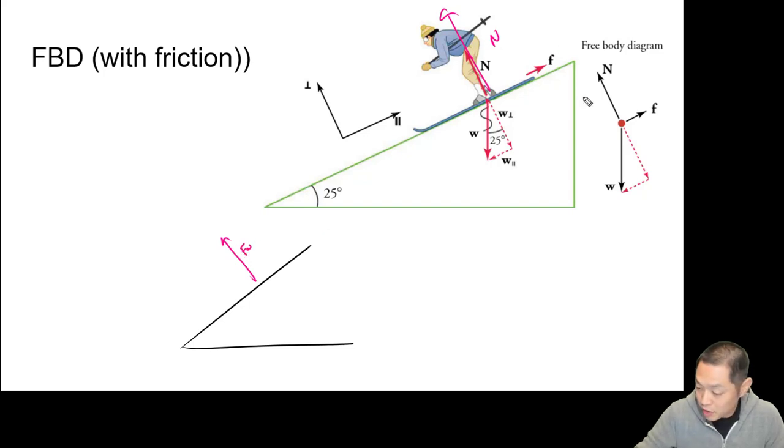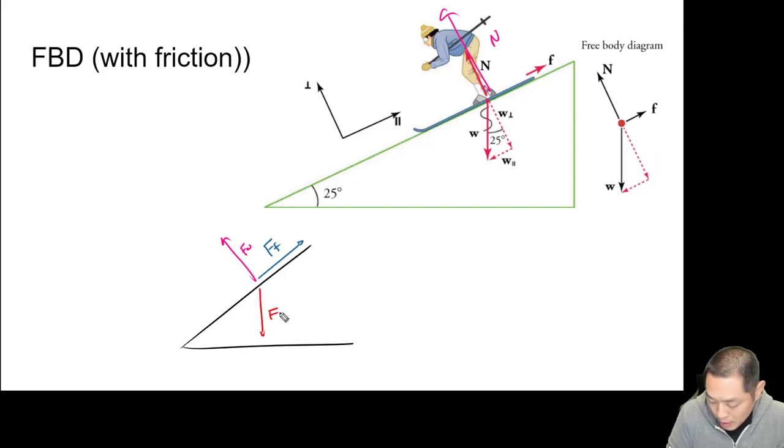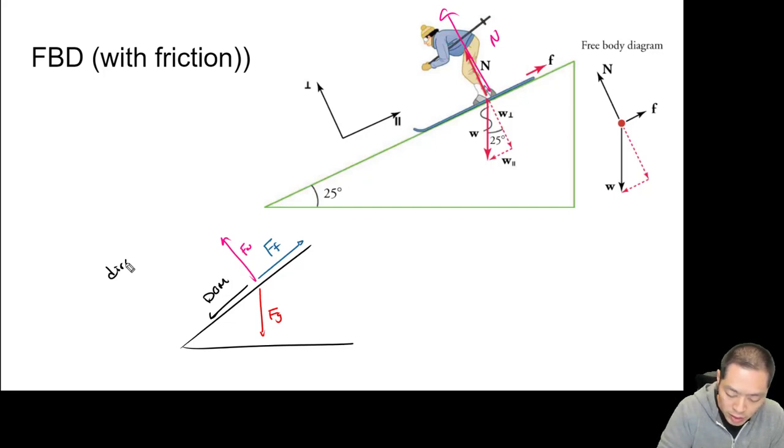You have force of friction, which is parallel to the surface. Here's force friction. And then you have force of gravity, which is this way. And then you have one last one, which technically isn't a force, but it's important. We're going to call it DOM, or direction of motion.